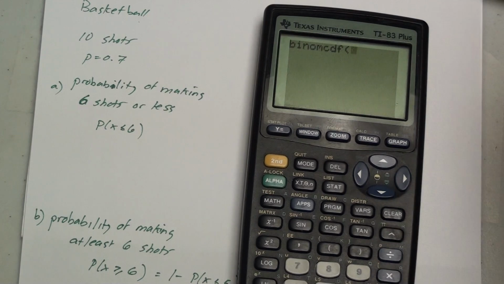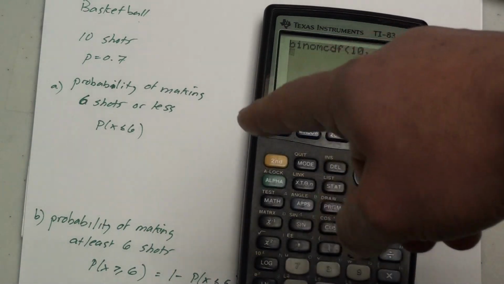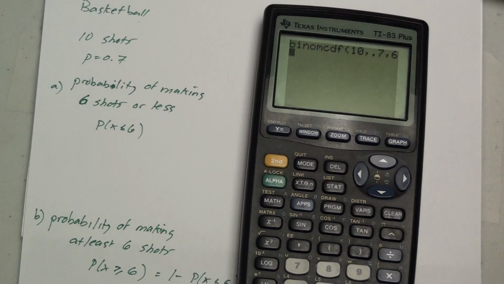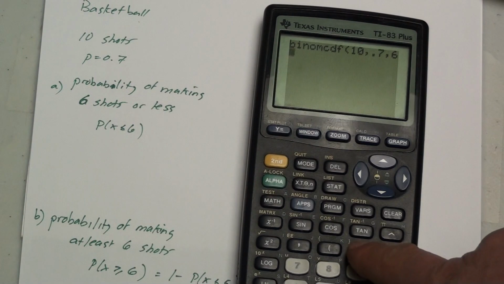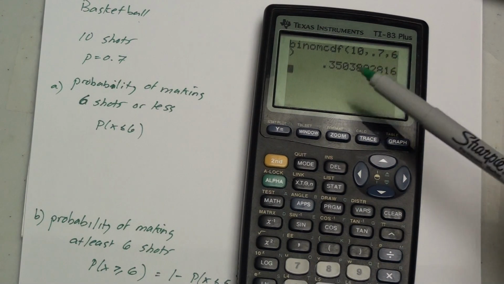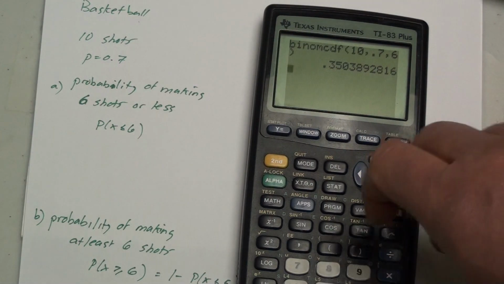You hit enter, and I put in the same things: my n, my p, my r. So I go 10, comma, 0.7, comma, 6. This 6 was the less than or equal to value, because it was cumulative, all those probabilities leading up to and equal to 6. Close bracket, hit enter, and you get your answer. This time it's 35% because it's cumulative.